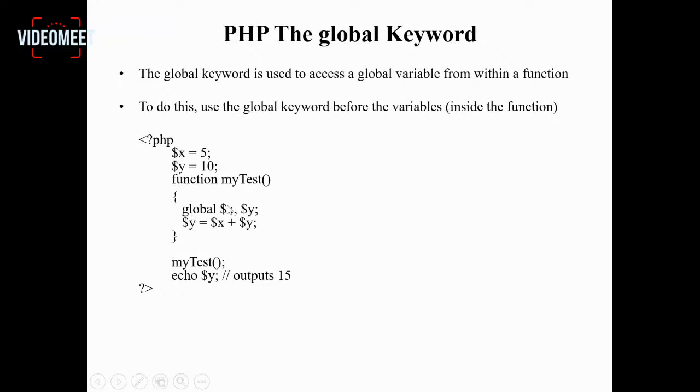So there are two functions. In both the functions, you have to redeclare them, right? So in myTest, I'm redeclaring these x and y variables here using the global keyword, global $x, $y. Then I'm performing some operation, $x and $y added, and the result is stored in $y. And then this is printed, so this will print 15 as output.